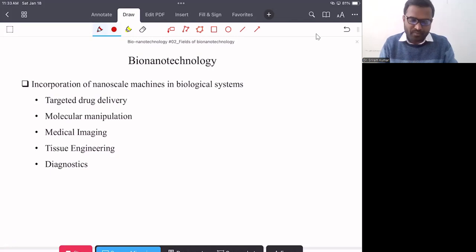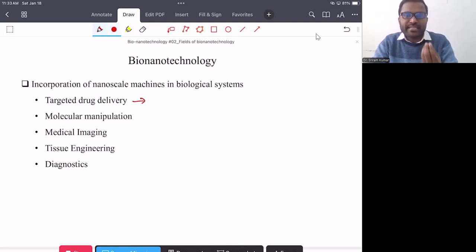For example, we have drug delivery. We can use biological nanomaterials to deliver the drug to a particular cell, tissue or organ.